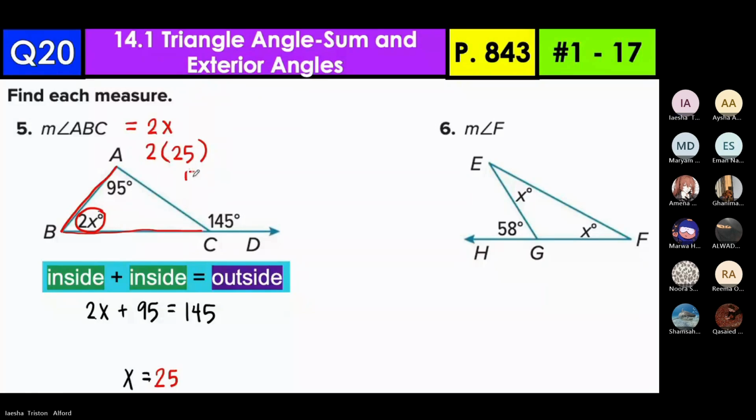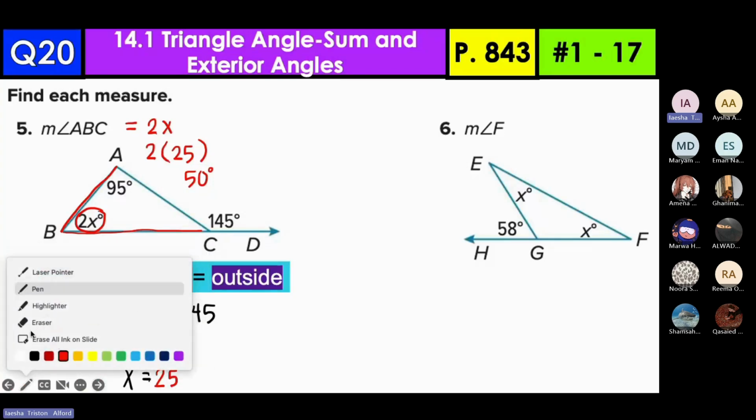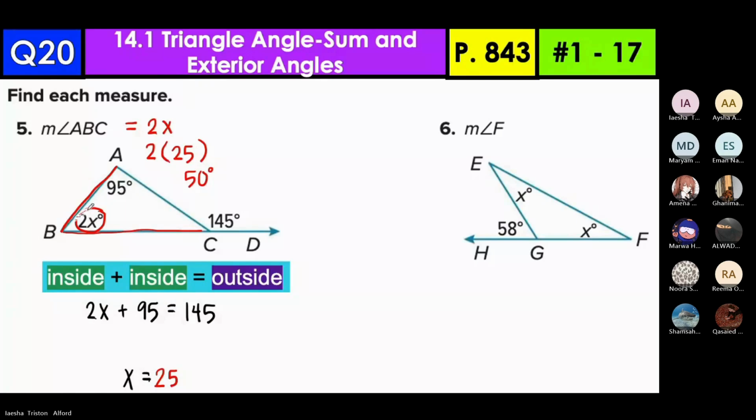Multiply, it is 50 degrees. This is the measure. So most of the questions for 14.1, they want the measure. So you can delete this one and put the measure here. Should be 50 degrees. How do I know I'm correct? 95 plus 50 degrees should equal 145. So correct.